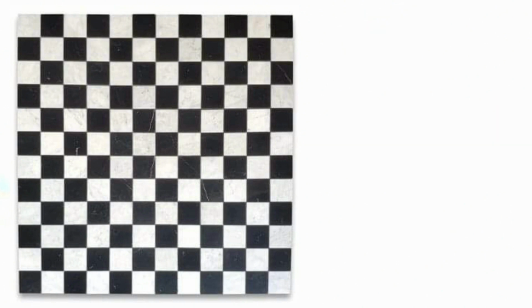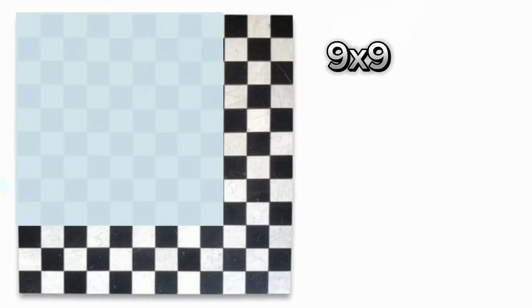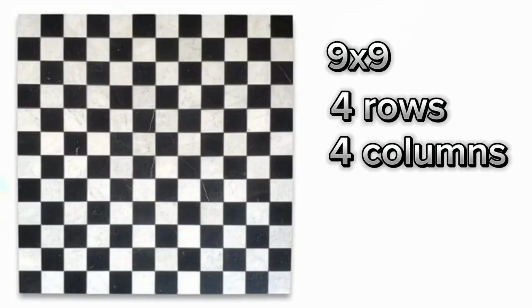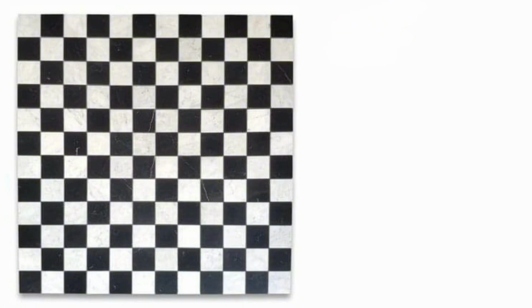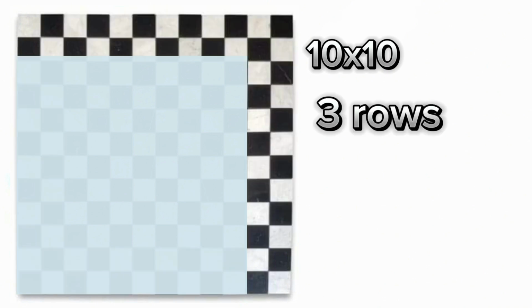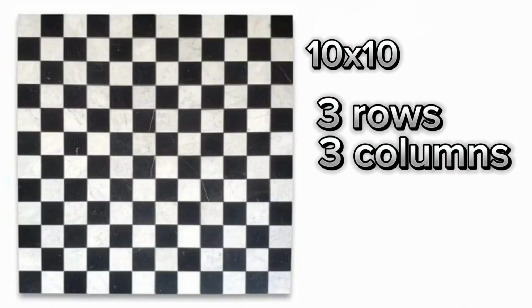Continuing onward, we tackle 9 by 9 squares, presenting 4 rows and 4 columns, therefore 4 squared. We count 16 squares. The pattern endures as we investigate 10 by 10 squares with 3 rows and 3 columns, contributing a total of 3 squared. We discover 9 squares in total.